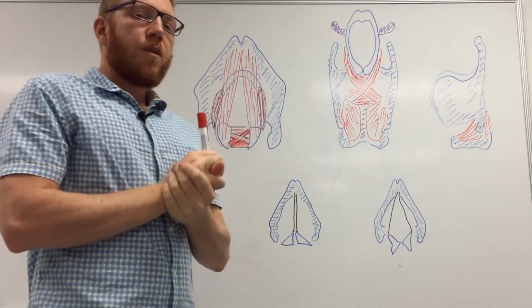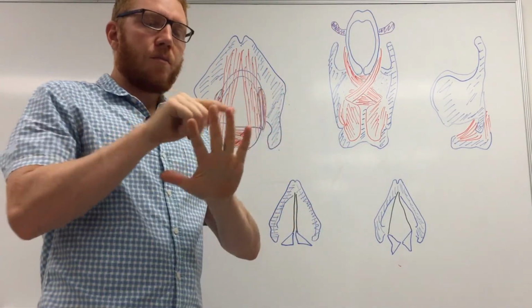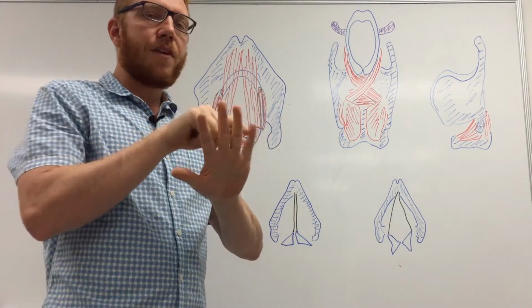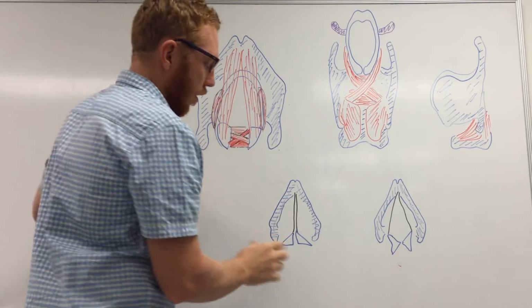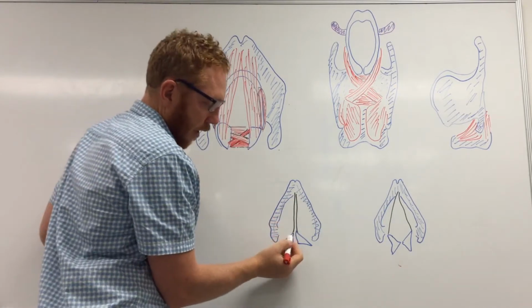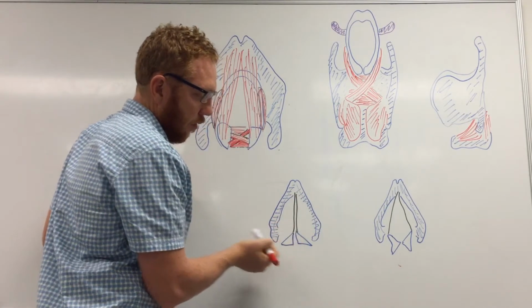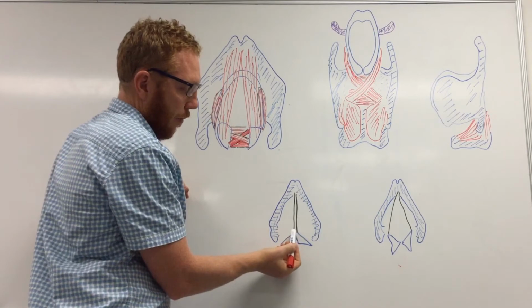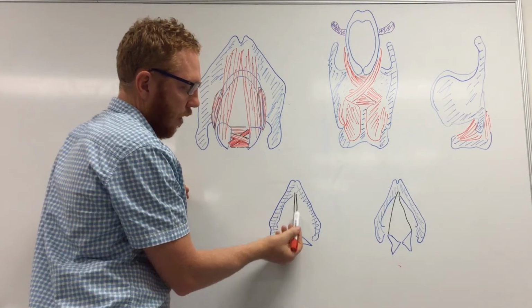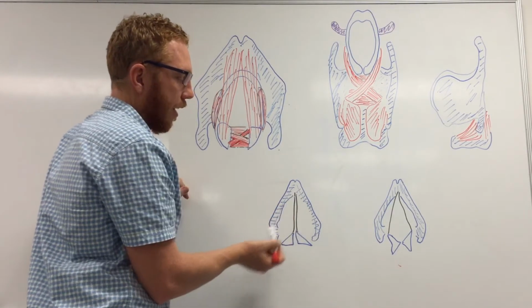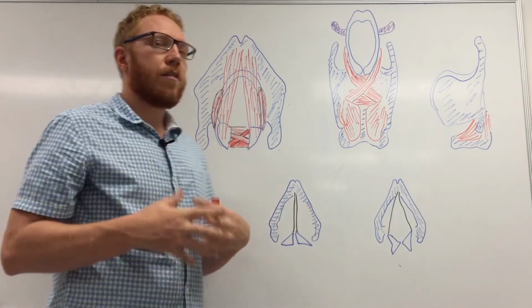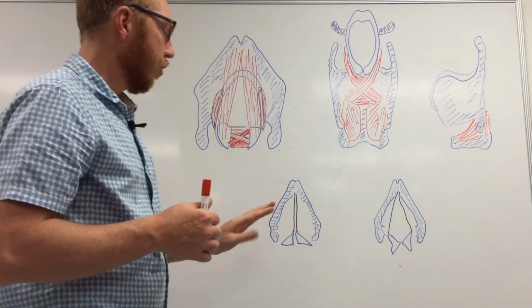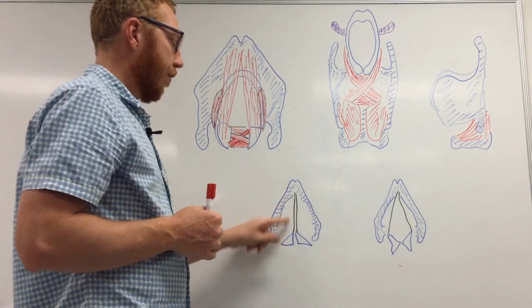Now moving to the 5, these are the intrinsic muscles that are going to move the vocal cord, which is this one here. The vocal cord, just to reiterate, attaches to the vocal process of the arytenoid, and will attach to the thyroid cartilage anteriorly. And so essentially these 5 muscles will do the 5 actions of the vocal cord.